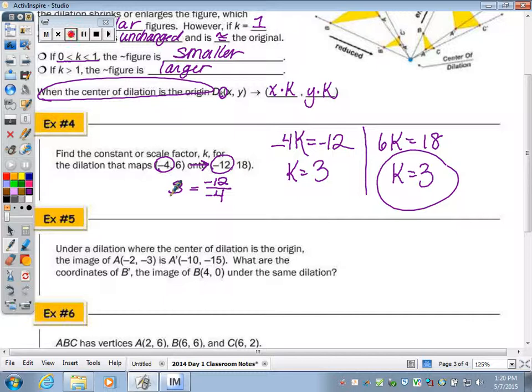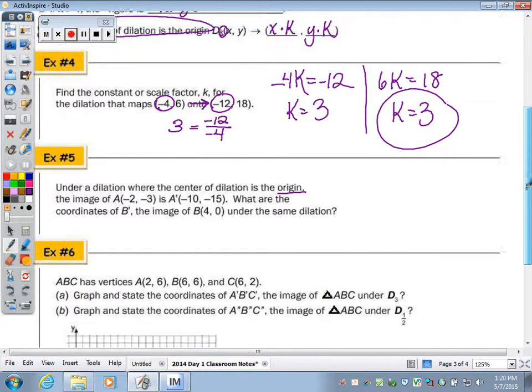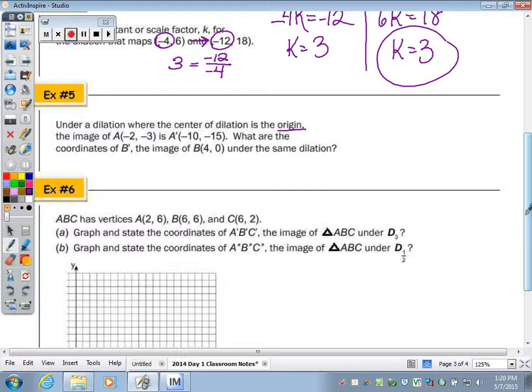Number 5, under a dilation where the center of dilation is the origin, so that's important to note. The image of A is A prime. What are the coordinates of B prime? The image of B, under the same dilation, so I need to apply the same dilation, so I need to figure that out. How do I go from A to A prime? Well, let's take, k is equal to negative 10 divided by negative 2, our scale factor is 5.